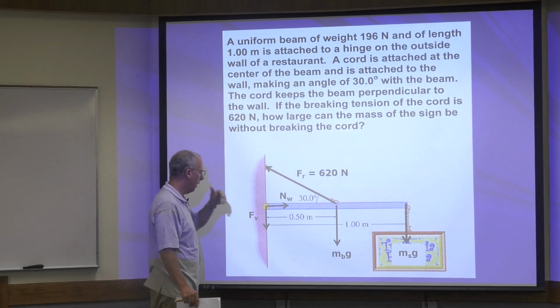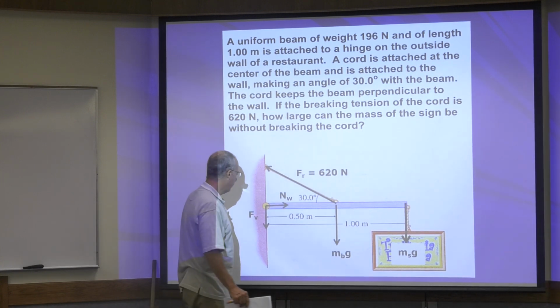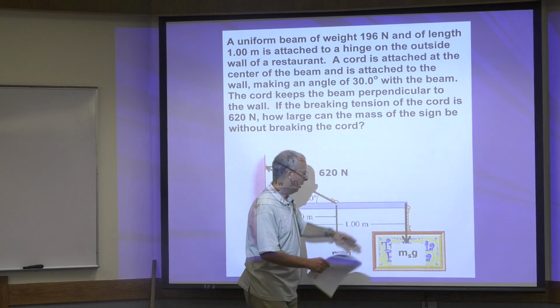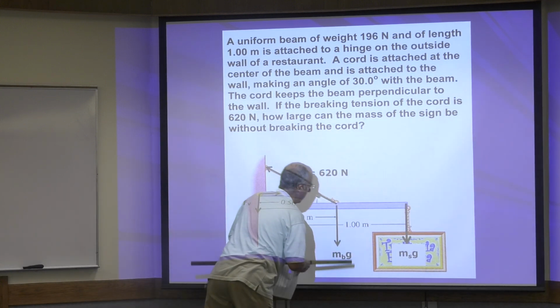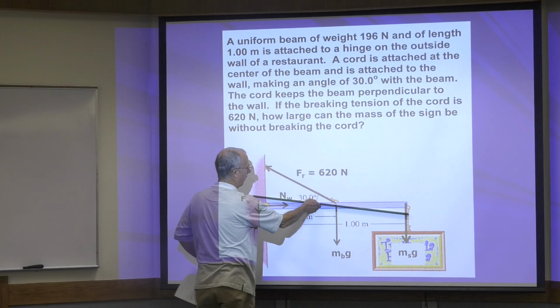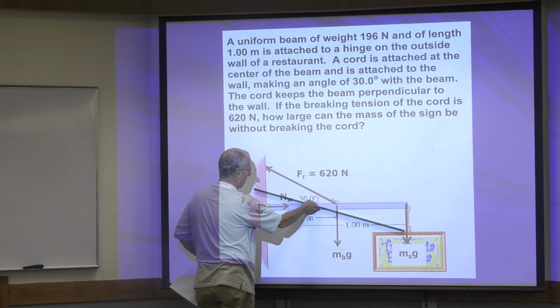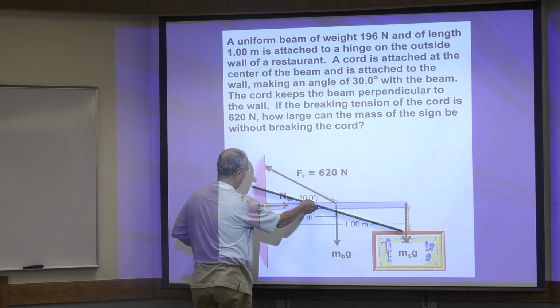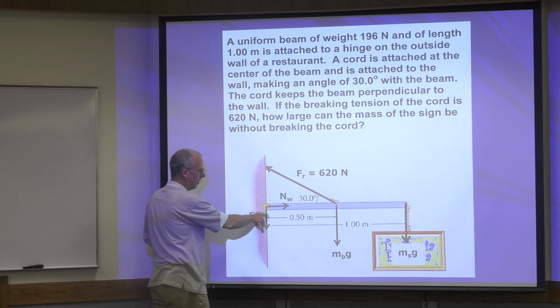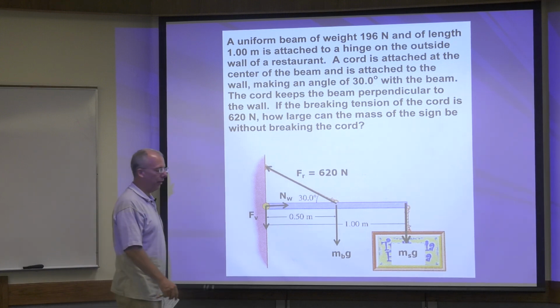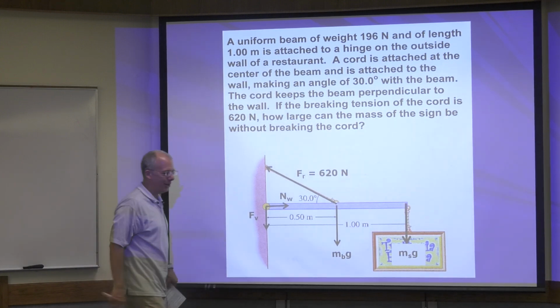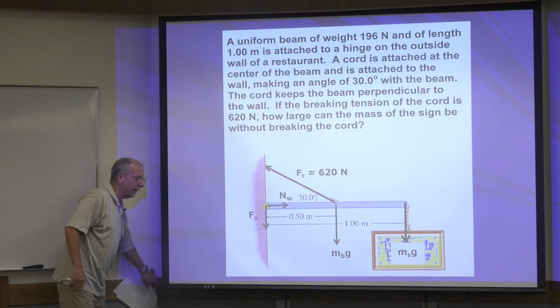Well, think about it. This force would want to rotate it clockwise. Well, the fact that it doesn't rotate clockwise means there has to be some vertical force there. Now, don't get upset, because we're going to solve this in a way where we don't care about that. So don't worry about it.